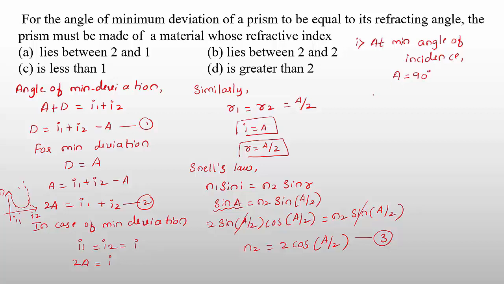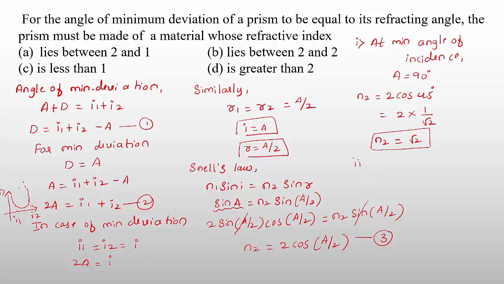Substitute in equation number 3. That is n2 equal to 2 cos of 90 by 2, which is 45 degrees. Cos 45 is 1 by root 2. So we will get 2 into 1 by root 2, and by calculating this value we get n2 equal to root 2. This is for minimum angle of incidence.